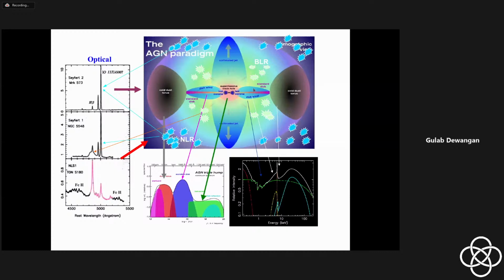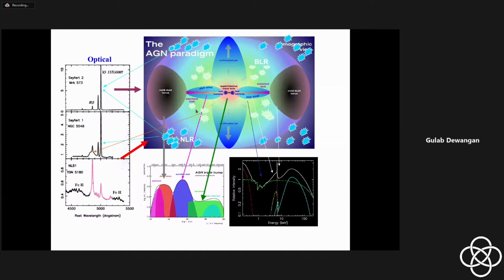So the narrow lines arise from the narrow line regions, and the broad lines from the broad line region clouds. And because of this complex structure, the observed spectrum depends on our line of sight, or the viewing angle. For example, if our line of sight passes through this dusty torus, then the entire central engine, including the accretion disk, the hot corona, and the broad line region as well, is blocked by this torus.